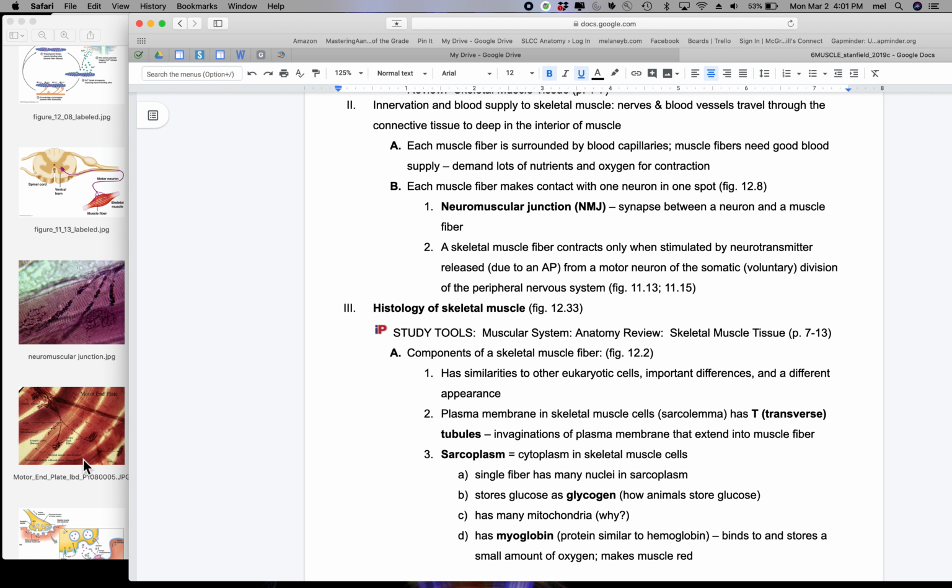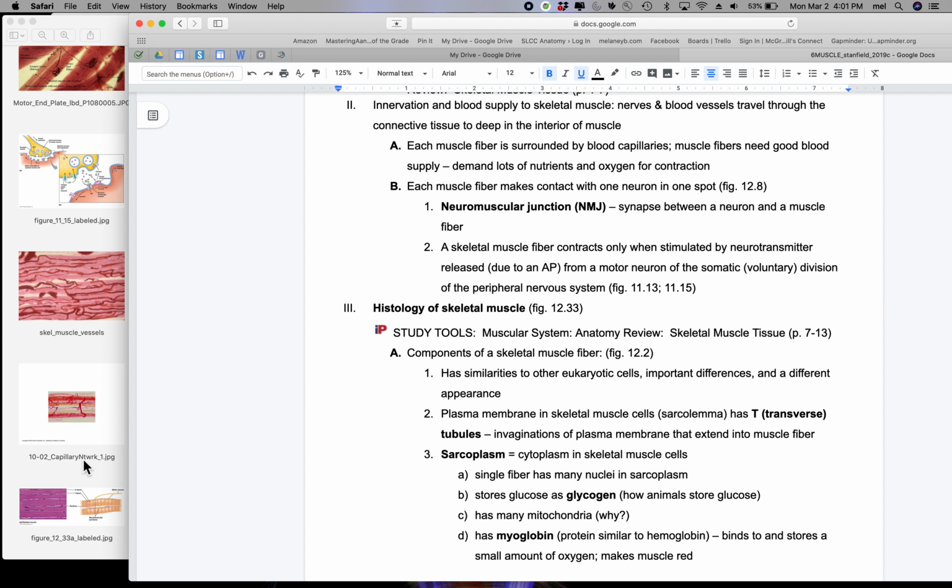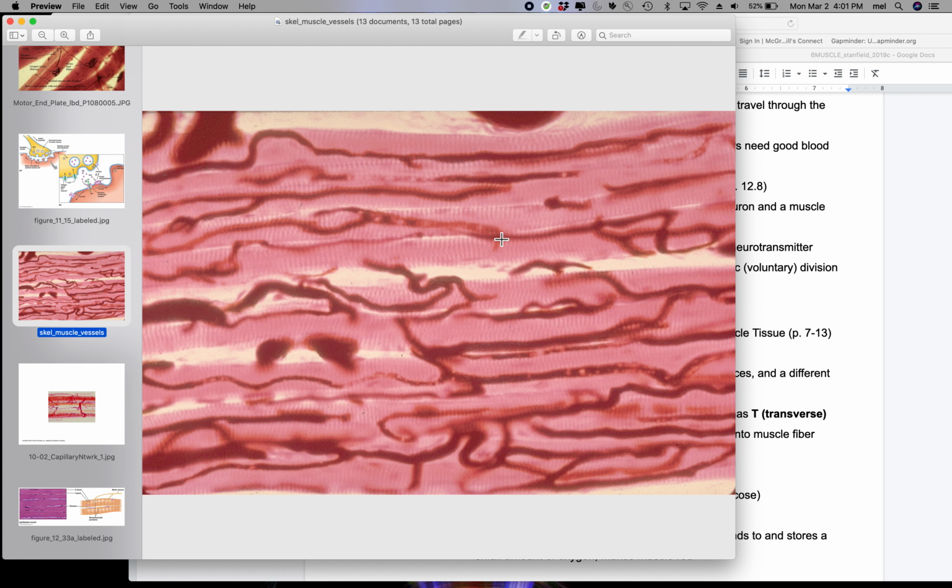Okay, so a couple things about skeletal muscle. First thing is skeletal muscle is really, really vascular. So this is a histology slide that is stained both to show the skeletal muscle fibers and the capillaries that are snuggling around each one of them. It shouldn't surprise you because, of course, it has tremendous oxygen and nutrient needs.